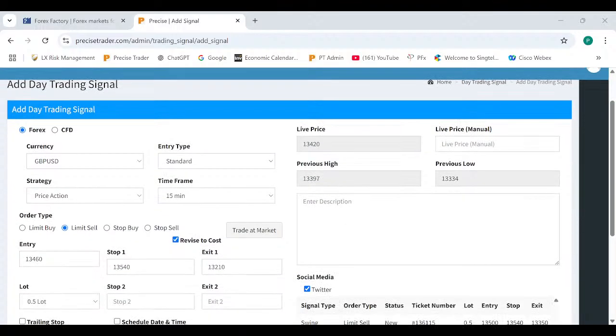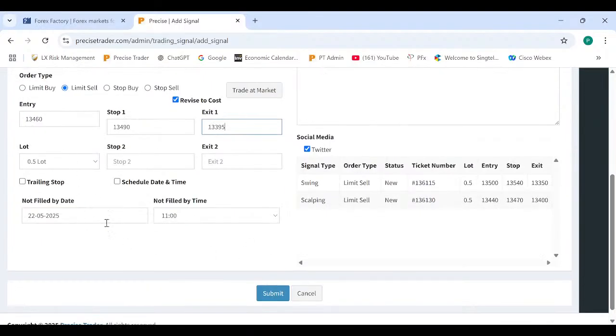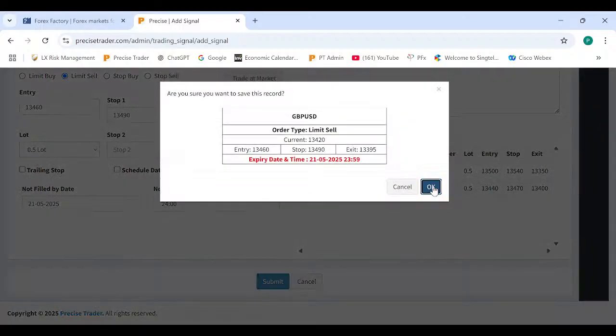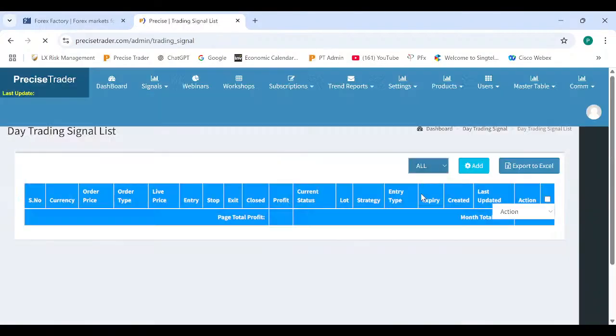Then the stop we'll put it as 34.90, 30 pips away. Then this one again we will put it as 33.95 or 34. This is also half lot, and this is until another 3 hours. That means we'll give another 2.5 hours.